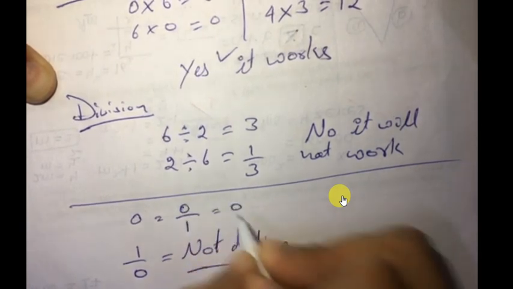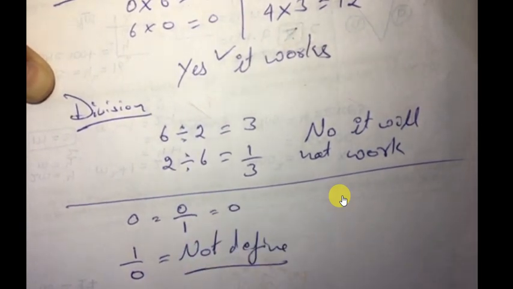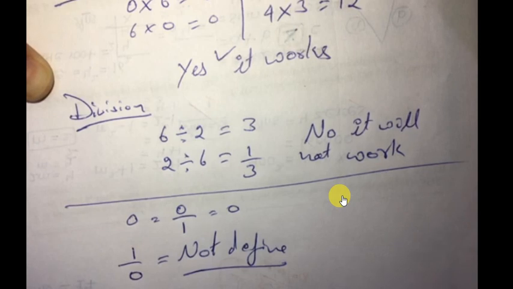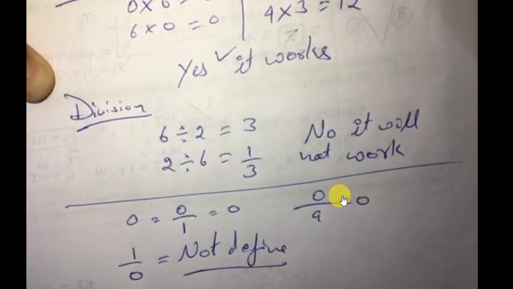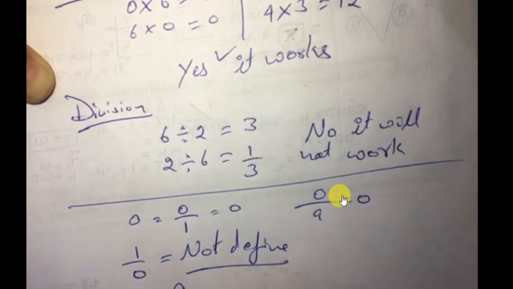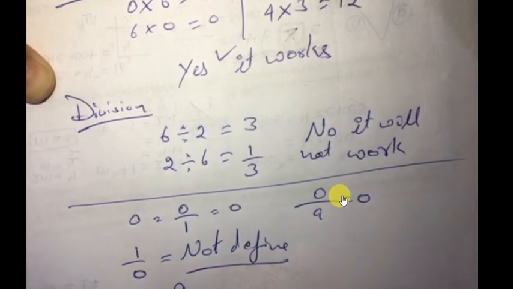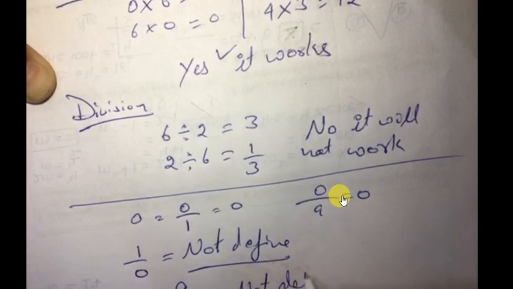And when 0 is divided by any number, it always gives 0. But when any number is divided by 0, it is always not defined.